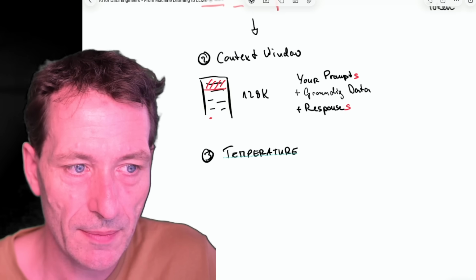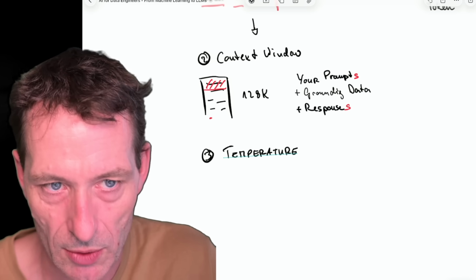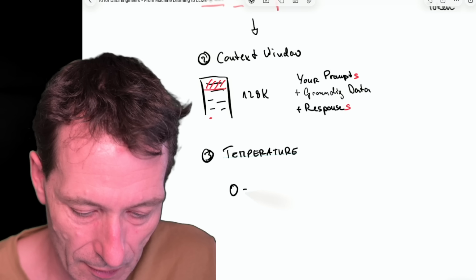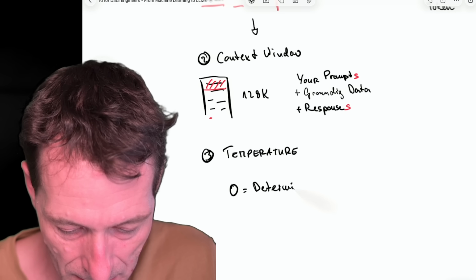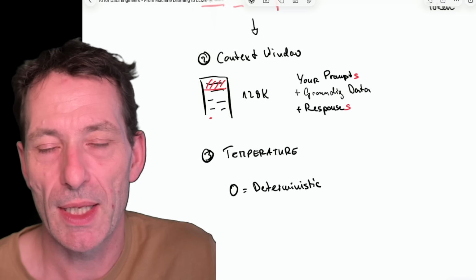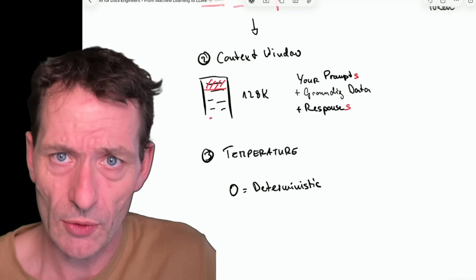The third thing that we need to know is the temperature. The temperature can be between 0 and 1. The temperature of 0 means that the answer is deterministic for one model. But this rarely happens because you have different prompts and so on.